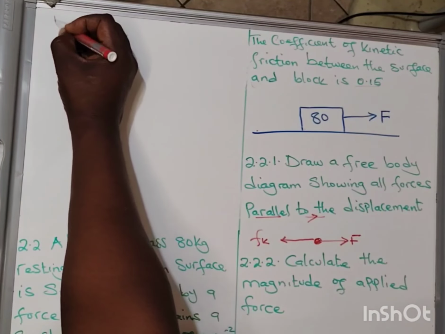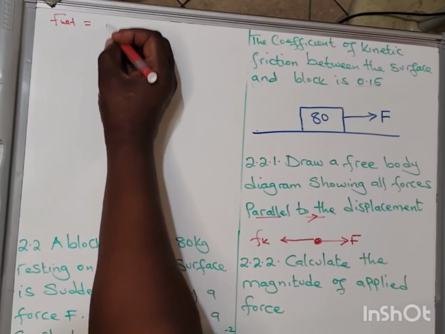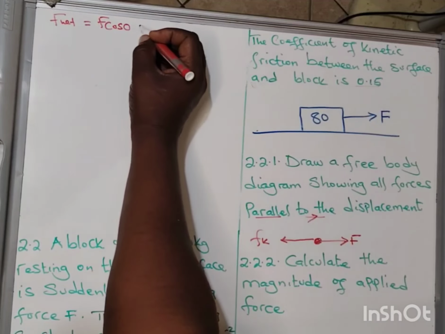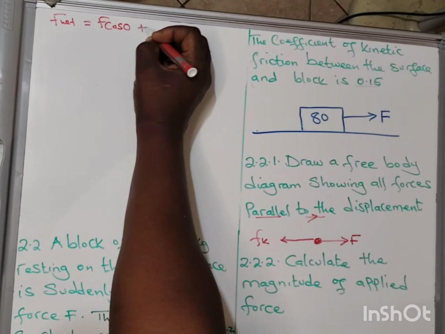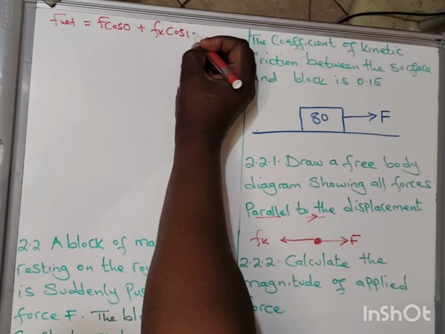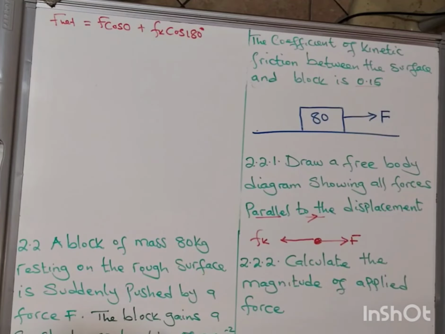So we have F net equals F cos 0 plus Fk cos 180 degrees. That's what we have there from the free body diagram.